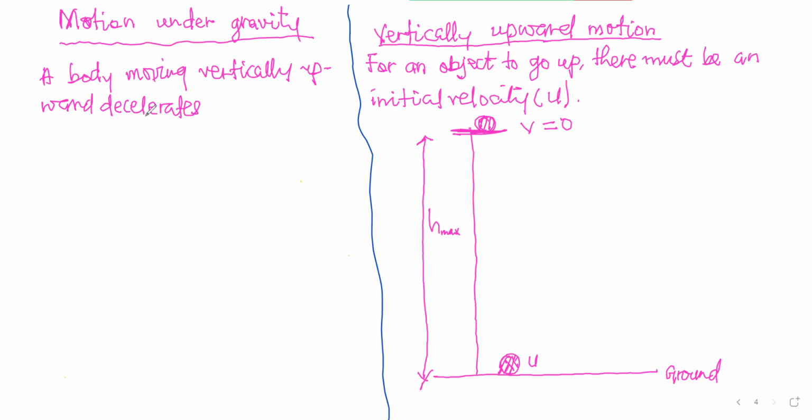What causes the deceleration of a body going up? The deceleration is due to force of gravity. Due to gravity. Yes, gravity. So a body going up decelerates due to gravity.